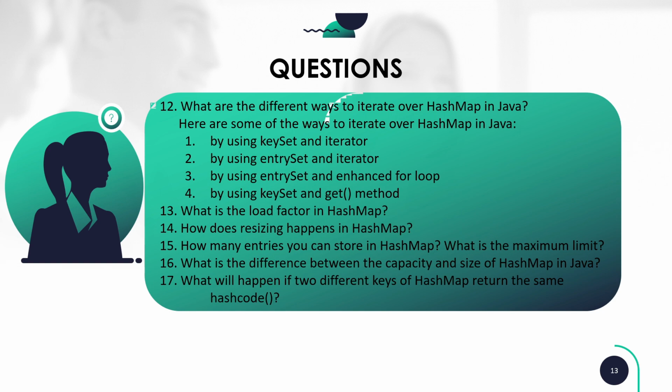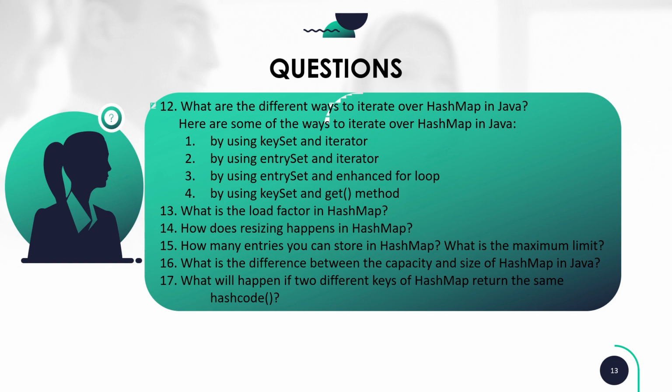So the next question is, how does resizing happen in a hash map? The resizing happens when the map becomes full, or when the size of the map crosses the load factor. For example, the initial load factor by default is 0.75. That means if the hash map becomes 75% occupied, it will trigger the resizing.